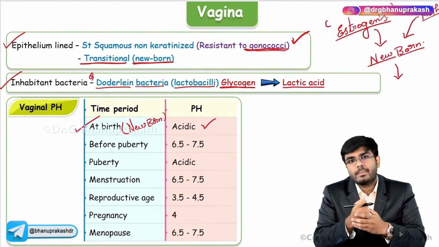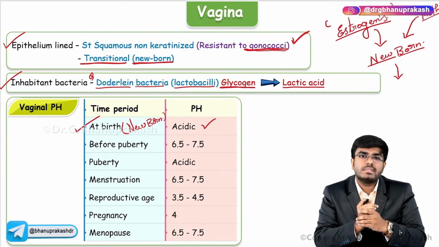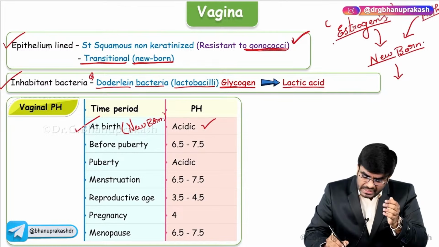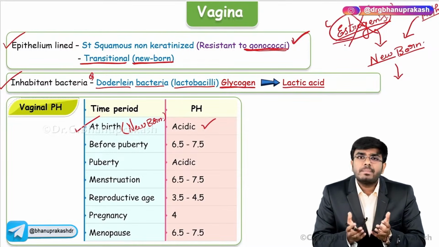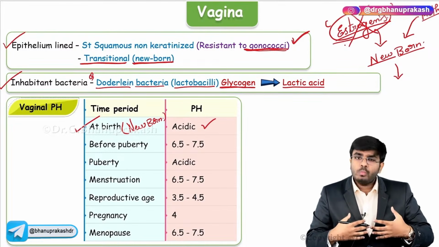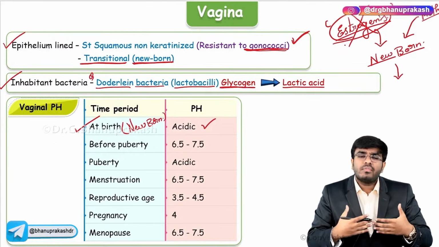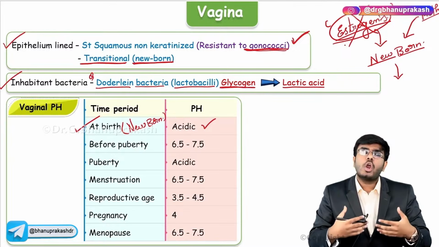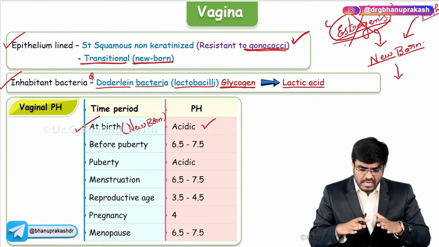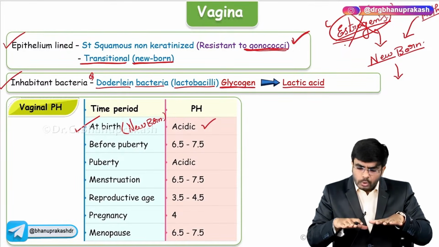But later, what happens? After a few days, the maternal estrogens which are present in the newborn child will disappear. A newborn female is not going to make estrogens. Why? Because her ovaries are not yet functional. So, the estrogen levels in a newborn child will go down.